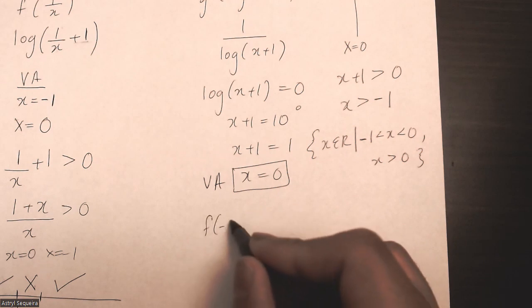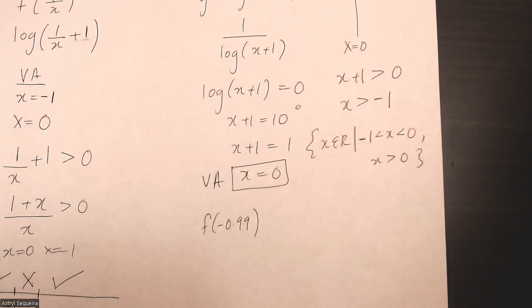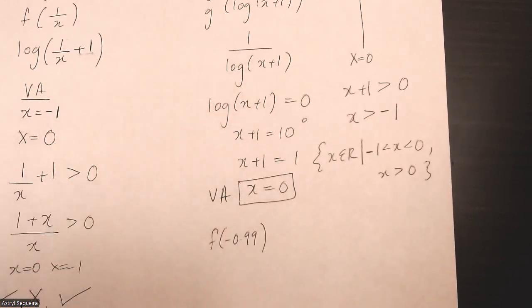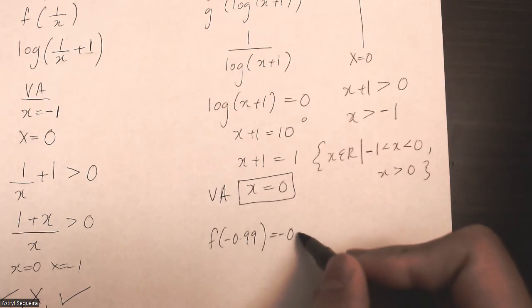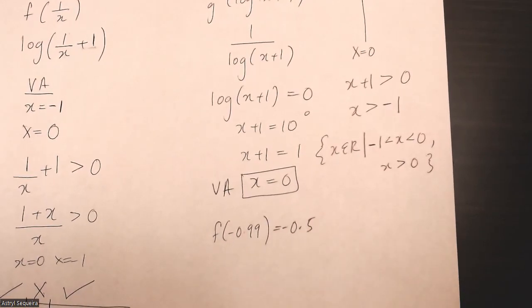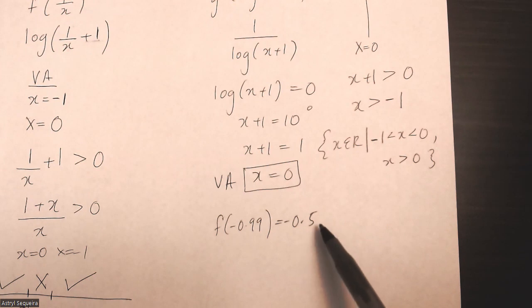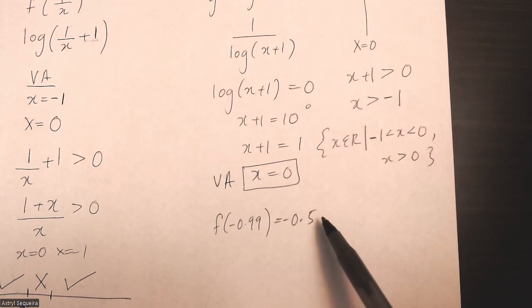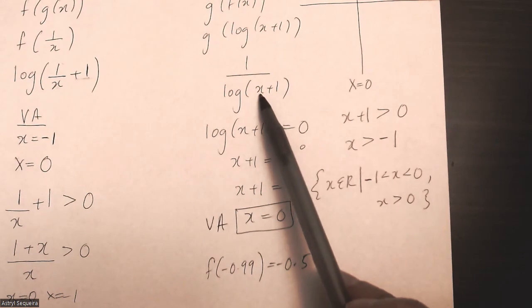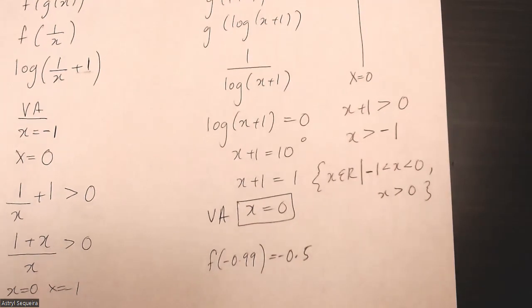So I'll do f of -0.99. Let me put this in my calculator in the original equation over here, 1 over log of -0.99 plus 1. That's just -0.5. So basically, this is just approaching 0. This is really close to 0. If you pick a smaller value, you'll get a value even closer to 0. But it never actually hits 0 because technically it's impossible to have 0 in this case. Because you cannot take the log of 0; if I put -1 here, -1 plus 1, you cannot log 0.